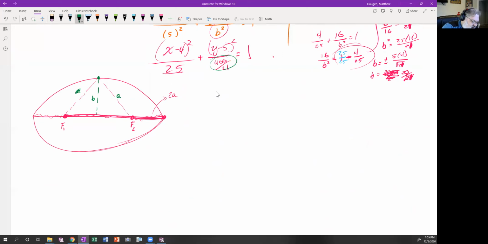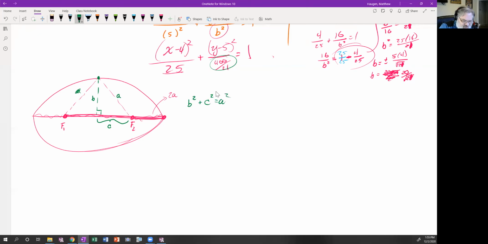That means we can find this focal length, which we usually call C, with a particular formula. What is that formula? The Pythagorean theorem. It looks a little weird because it's b squared plus c squared equals a squared.